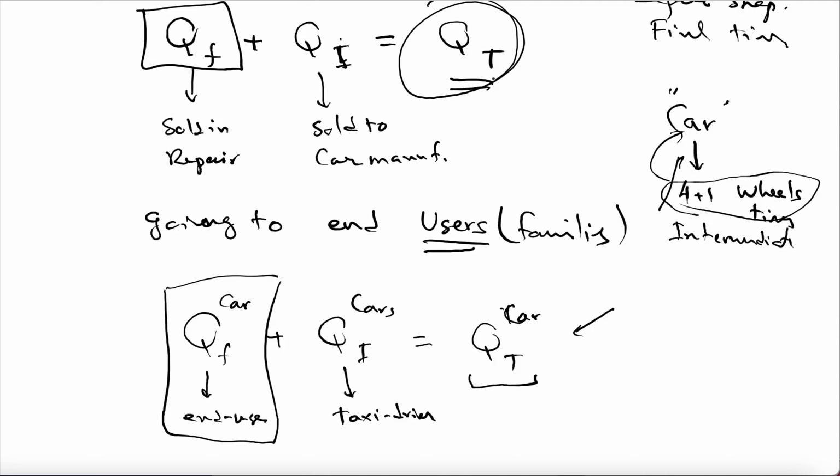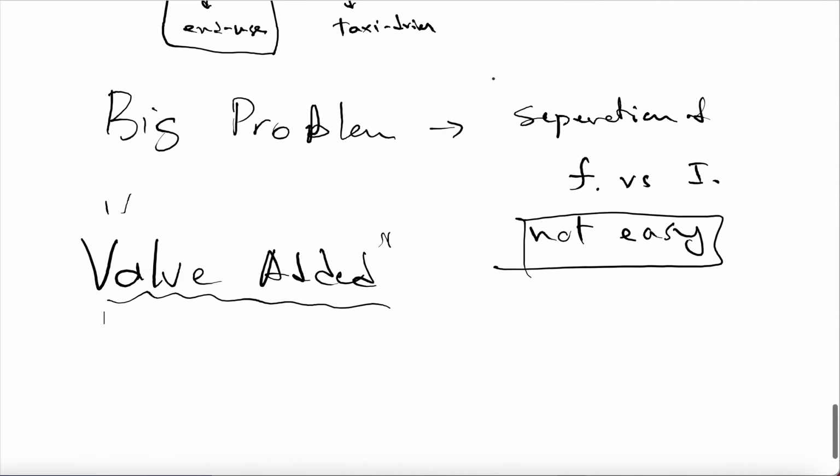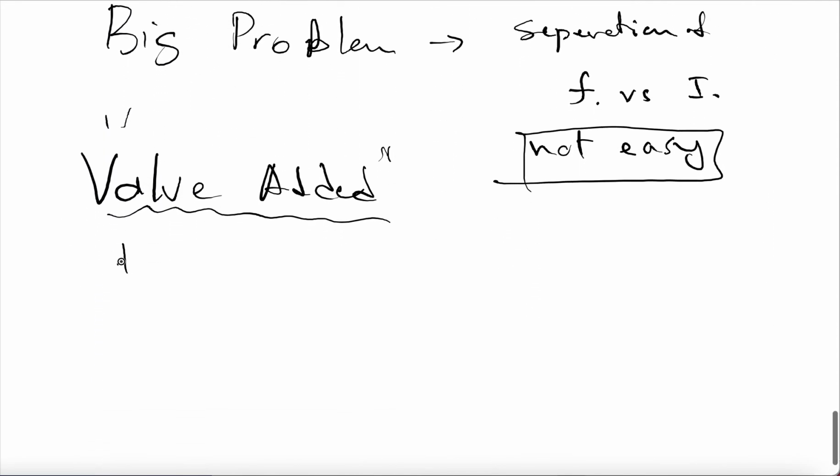So in order to avoid multiple counting, the double counting problem, if you remove the intermediate, you are not double counting. You are truly saying that everything you have measured is the value of the final goods and services.